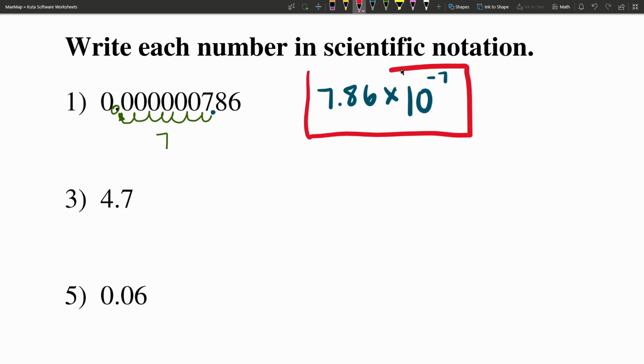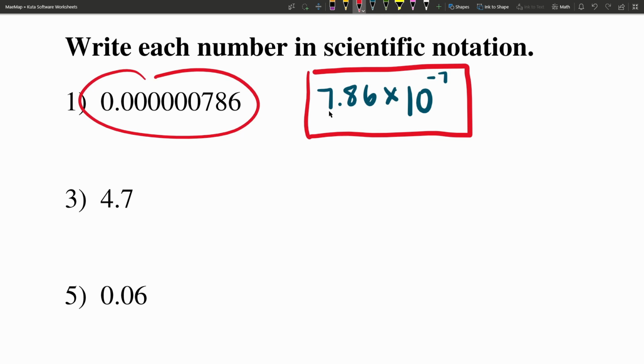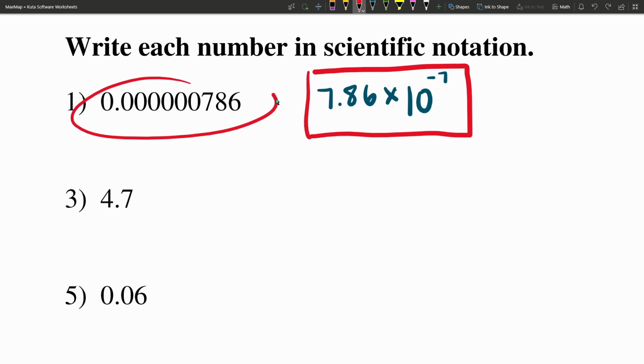That's our solution in number 1. And again, I decided that that was a negative exponent because in order to get this original number, we would have to move the decimal place to the left, making 7.86 smaller. But 7.86 times 10 to the -7th is equal to this decimal in number 1.